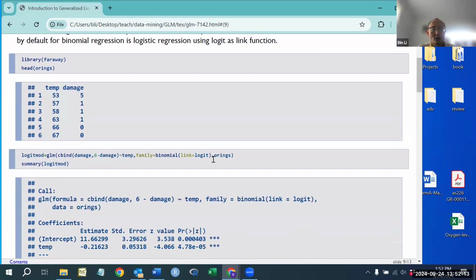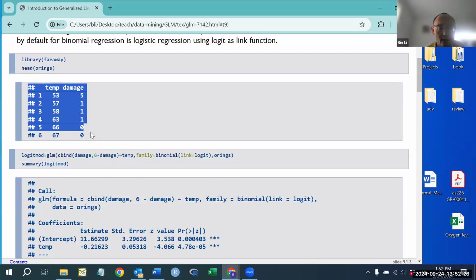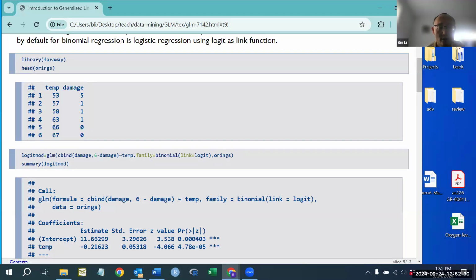Okay? So this data set is in the library faraway. The data set name is orings, and this is the data set. We have two columns: the temperature of the experiment, and the number of damages from 6 experiments for each row.